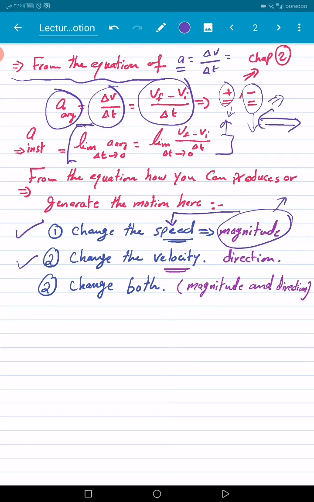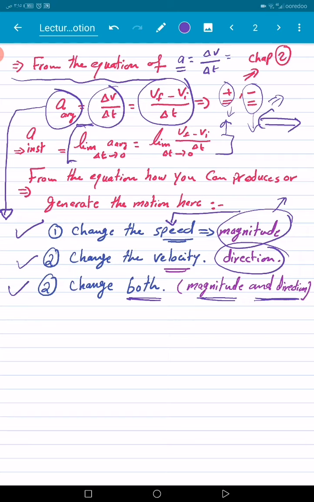Number 2, I change the velocity. The velocity as a vector has direction. The third thing, I change both the direction and the magnitude. So I can generate or produce the motion from the equation with these things.